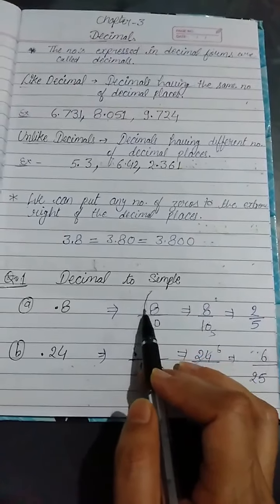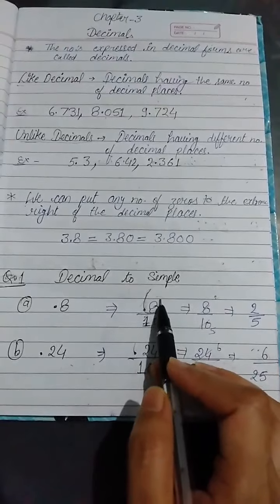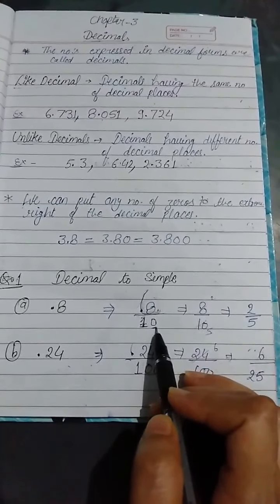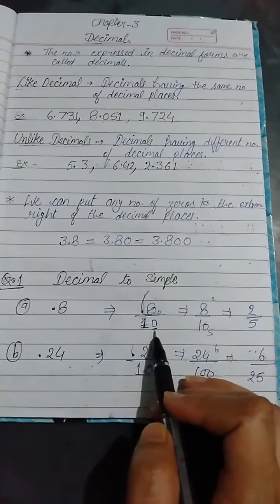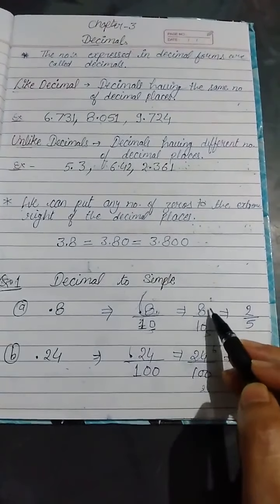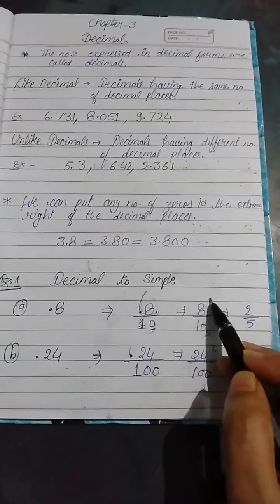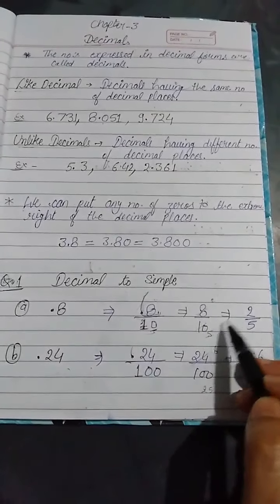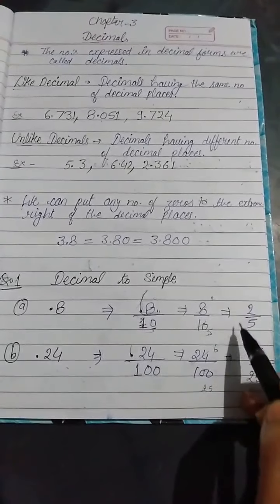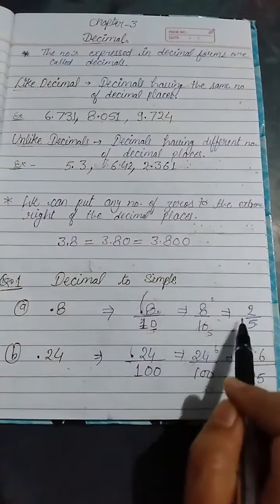Then see how many numbers are after the point. There is only 8, that means one number, so put one 0, so this will become 8 upon 10. Then change it into lowest form. 4 twos are 8, 2 fives are 10, so this will become 4 upon 5. This is called simple form, decimal to simple.